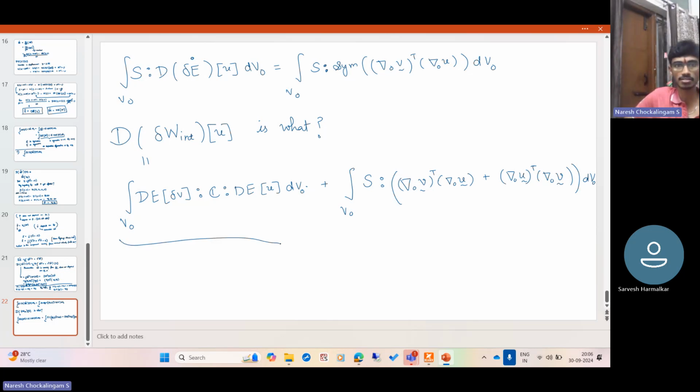So this is the expression for the directional derivative of the internal virtual work with respect to U. And note, it is symmetric.